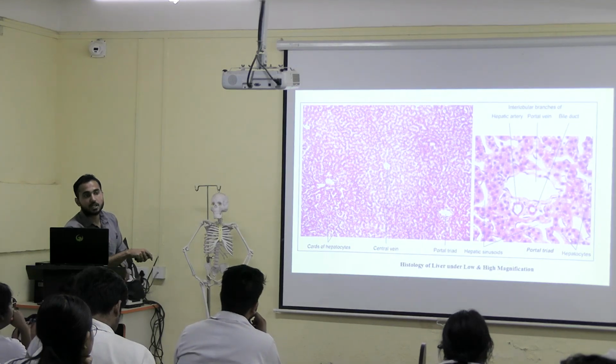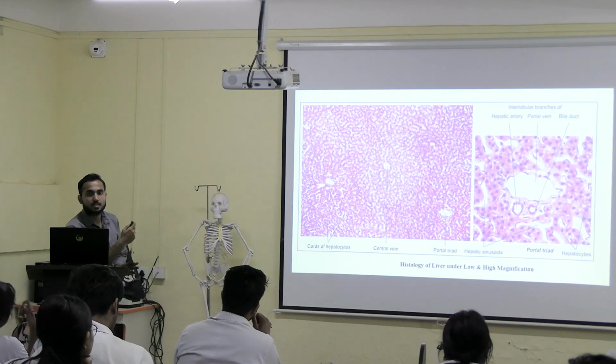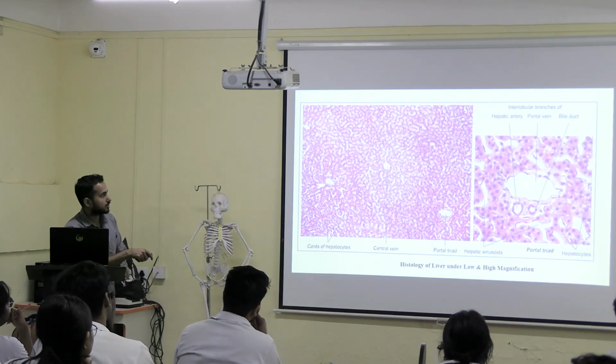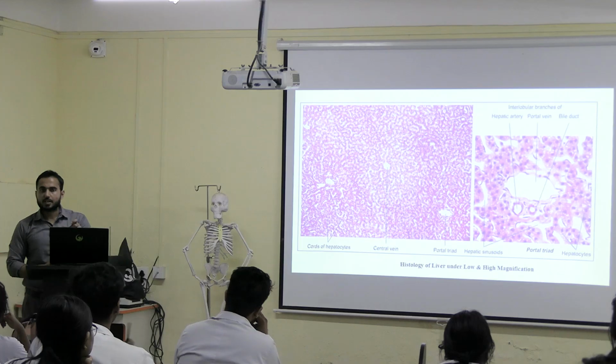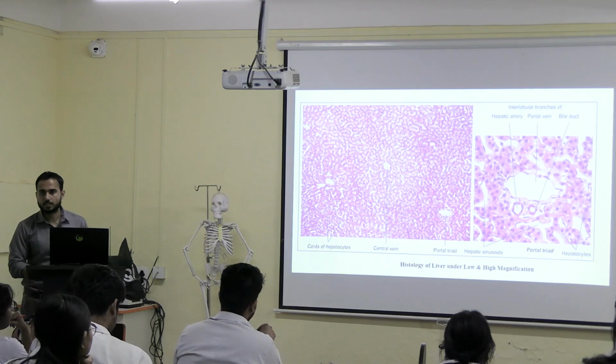Just now I mentioned how you will identify them: depending on the size. Which one is the largest? Look, this one. Okay. Which is next, the medium one? The hepatic artery. Look, what is this? Hepatic artery. And which is the smallest? The bile duct tube. Okay, so we'll try to identify all of these under 10x, but as I said it is difficult. So for that we have to zoom to 40x, then only can we see all those things.